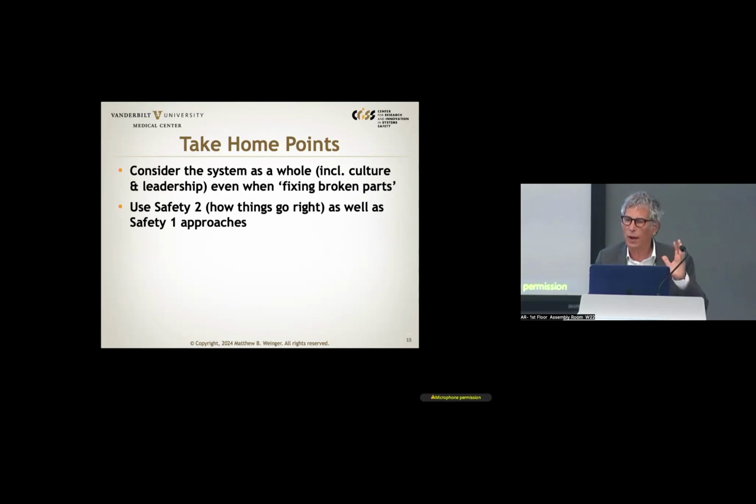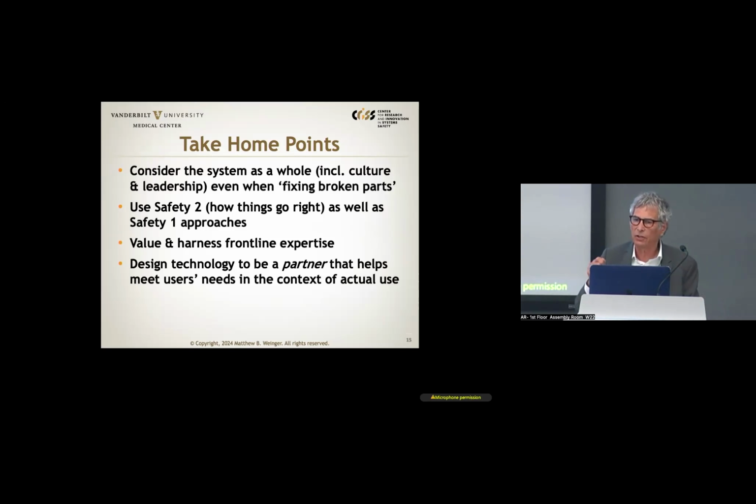Use Safety 2, how things go right, in order to better understand how to make the system more resilient, more adaptable, and more likely to recover. Value and harness frontline clinician and other expertise. So when people make mistakes, the question to ask is, how many times, because there'll be many times, did this not happen because other people figured out how to prevent it from happening, and let's learn from that.